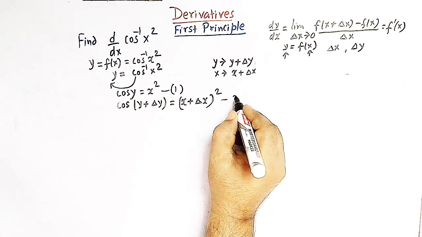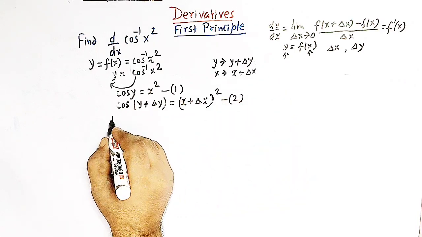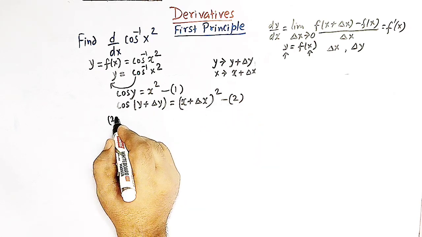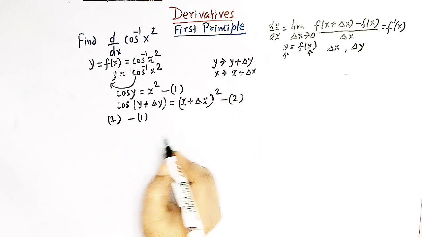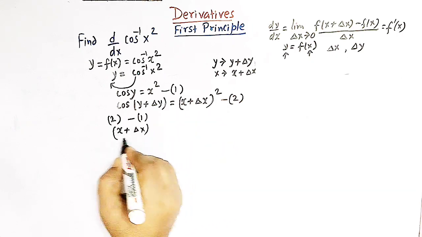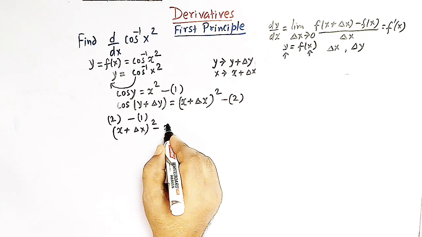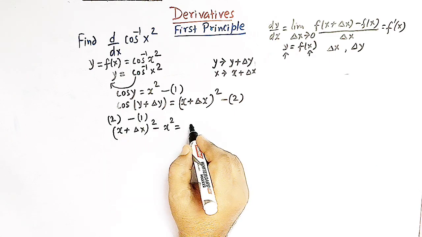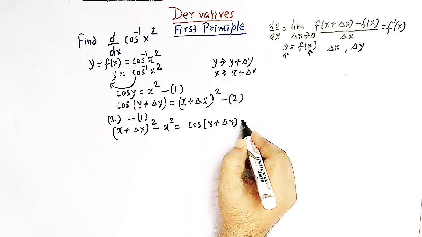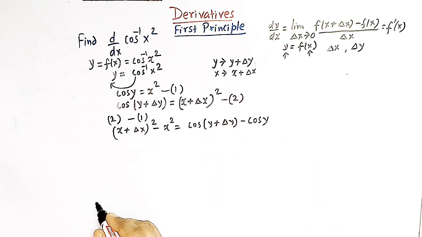So now we have these two equations. Now let us subtract equation 1 from 2. So we have 2 minus 1, that is equal to x plus delta x square minus x square, and then we have cos of y plus delta y minus cos of y, right?